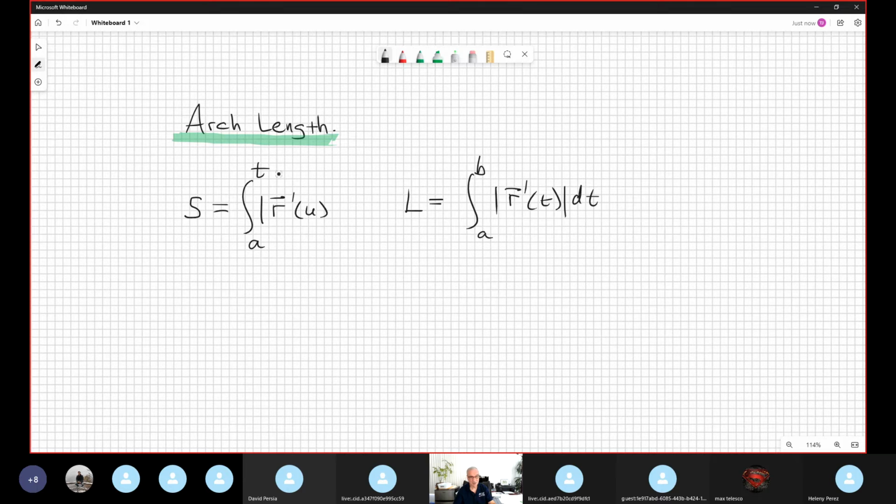It's the same. This is a dummy variable. u is a dummy variable. But when you integrate, so find the antiderivative and evaluate, so the definite integral, you have a function of t. Actually, we have s as a scalar function depending on t.